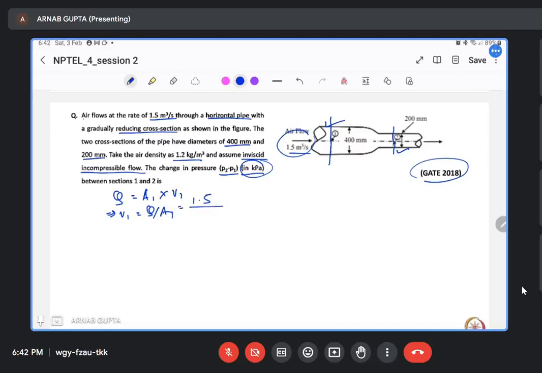So A1 here is, like, you have the diameter 400 mm. So 0.4 meter. So pi into 0.4 square by 4. So this is diameter again, not radius. These small things you have to be careful about. The 400 mm is nothing but 0.4 meter. So 0.4 square divided by 4.